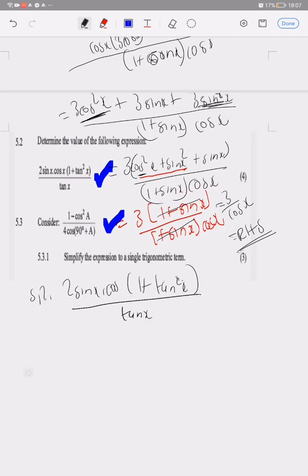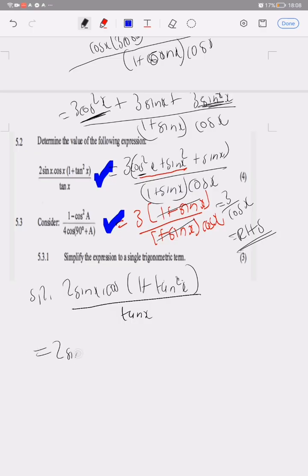How can you deal with this one? I'm still thinking of a method to deal with it. Okay, I think I'm seeing something. So let's just convert. Let's just turn tan.